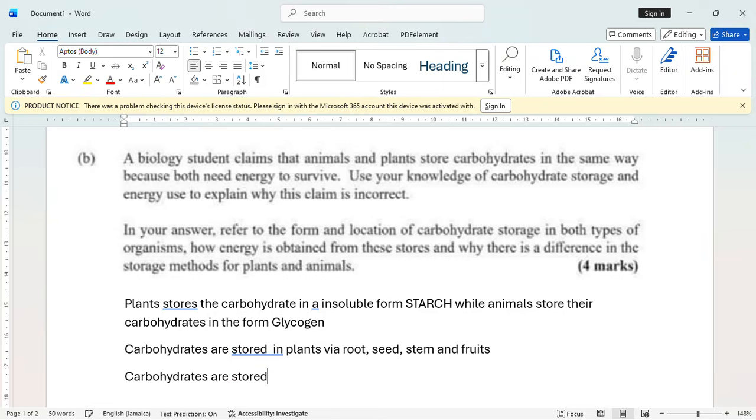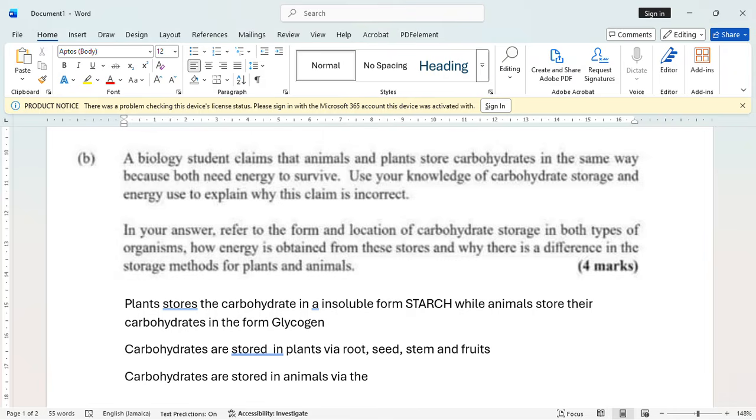And carbohydrates are stored in animals. Anybody knows where? Where's the glycogen stored? Granules, yes. But where are these located? Yes, in the cell. So that is at a cellular level.